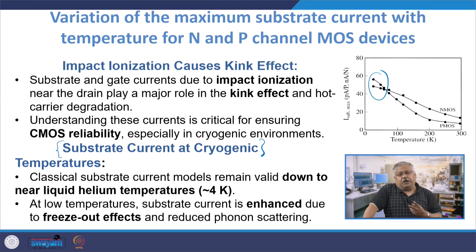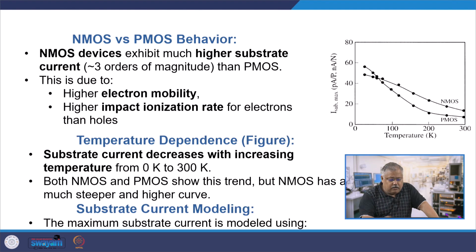But two things to take away from this slide: at lower temperature, the PMOS contribution in the substrate current is much larger as compared to NMOS. Again, the same thing we are saying, NMOS exhibits a much higher substrate current than PMOS at the edge, when you have 300 Kelvin. This is again, as I discussed with you, higher electron mobility and higher impact ionization for electrons as compared to holes.